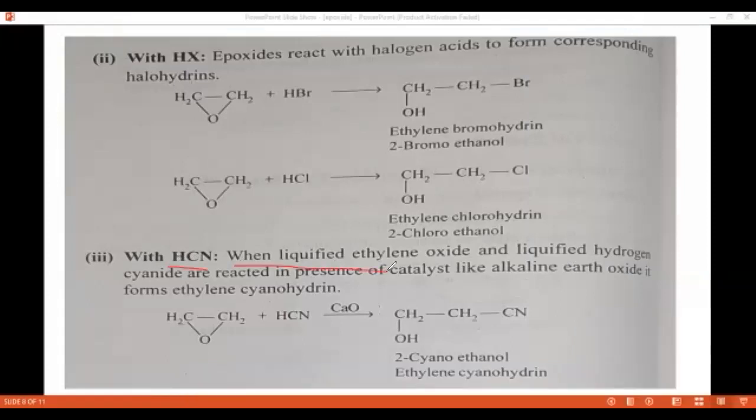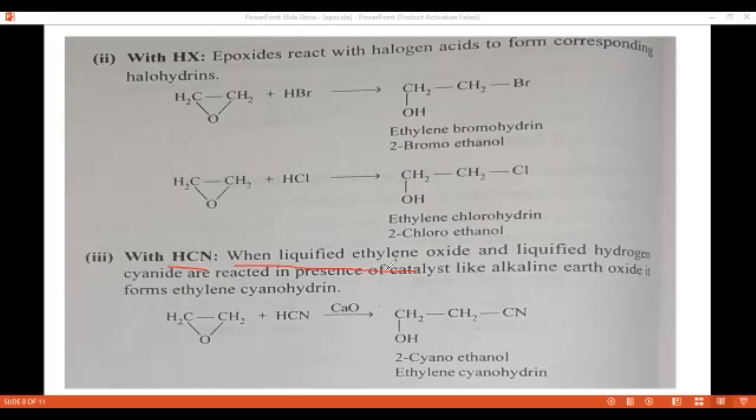When liquefied ethylene oxide and liquefied hydrogen cyanide are reacted in the presence of a catalyst like an alkaline earth metal oxide, it forms ethylene cyanohydrin.